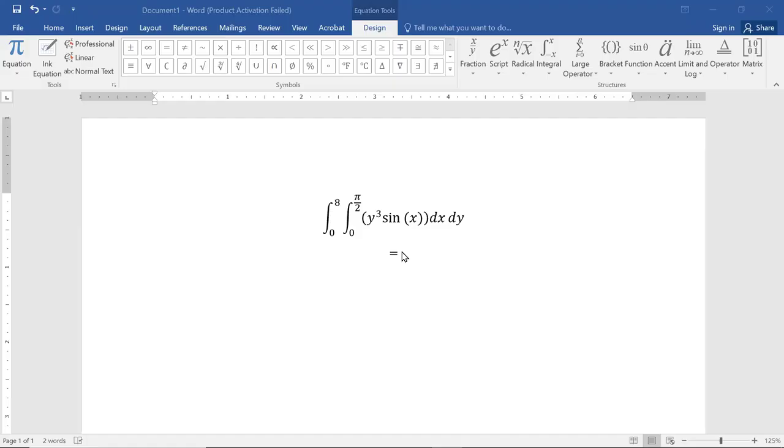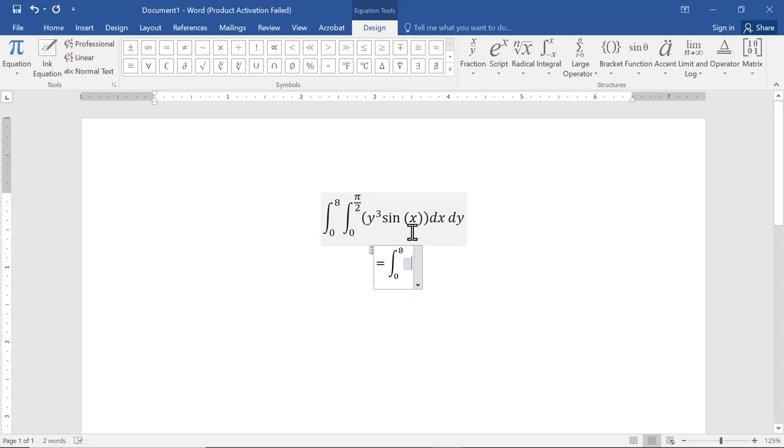Now we're just asked in this case to find the value, so that's what we're going to do. We're going to integrate from 0 to 8 eventually, but our first integration is going to be from 0 to pi over 2. And when you take the antiderivative of sine, you get negative cosine. Again, y to the third is just a constant with respect to x.